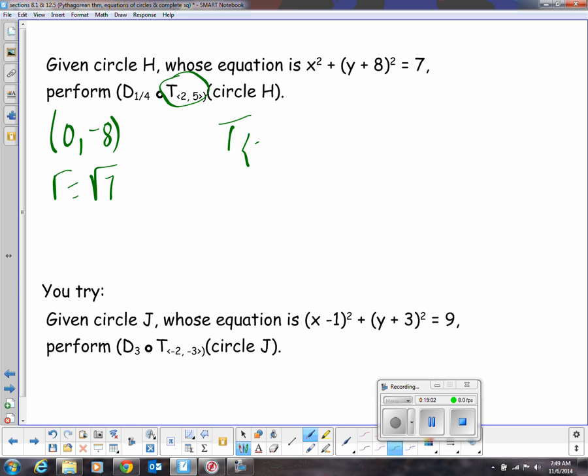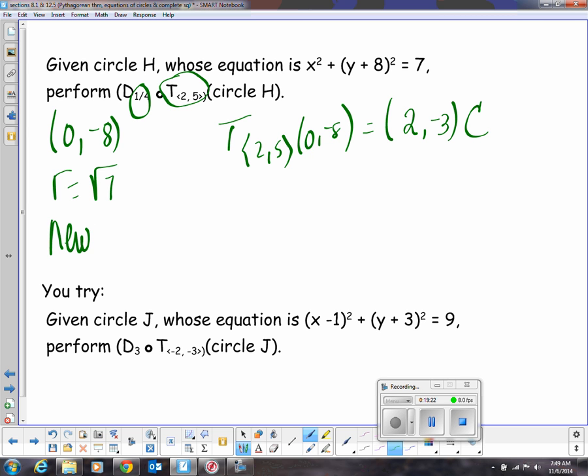So the translation of 2, 5 of my center, 0, negative 8, is going to be 2, negative 3. What did I do? 5 plus negative 8. That's the new center. The dilation is a quarter. What am I supposed to do to my radius? New radius is going to be square root of 7 times 1/4, or square root of 7 over 4.